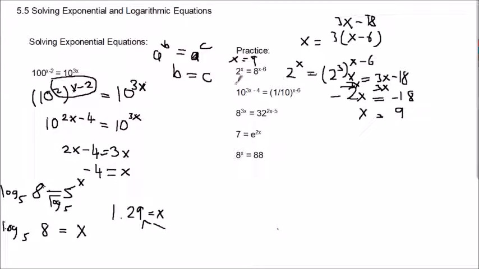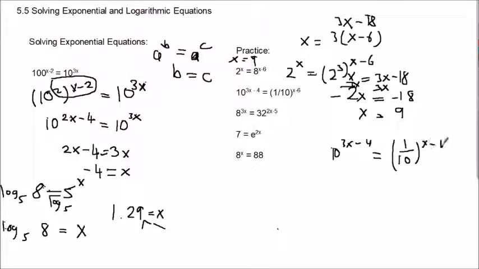Next, 10 to the 3x minus 4 equals 1/10 to the x minus 6.